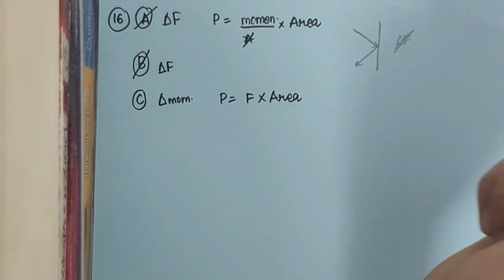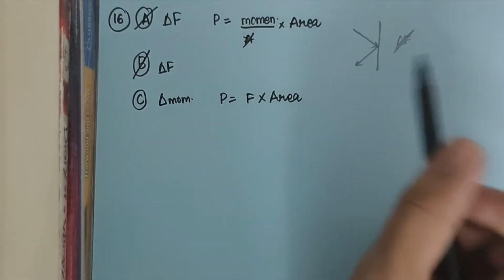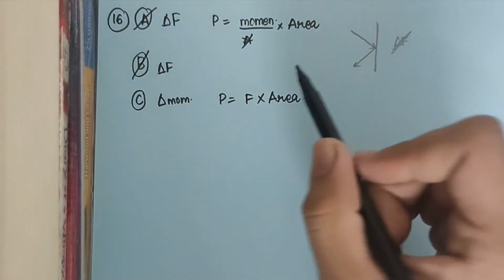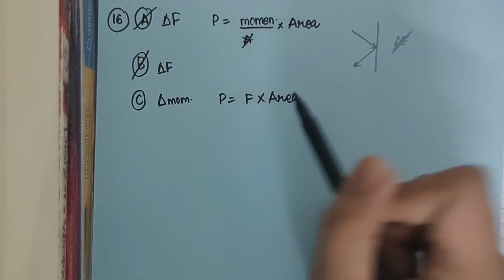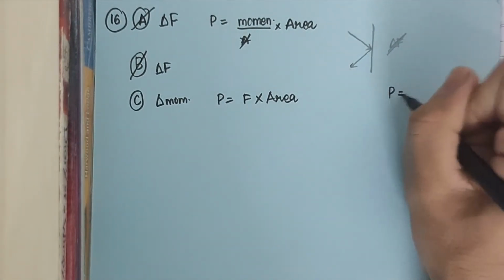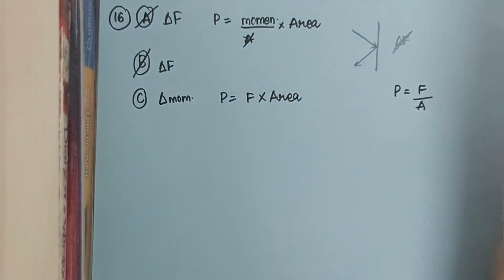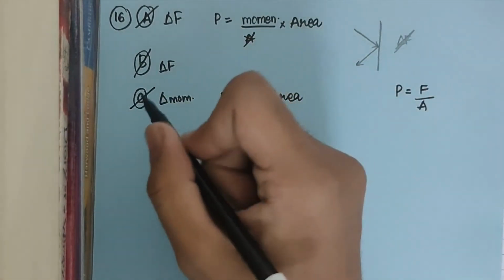This seems like a promising option because we talked about a change in momentum over here as molecules go from this direction to this direction. But we know very well the formula for pressure is P equals F by A, not F multiplied by A. So this option is also wrong.